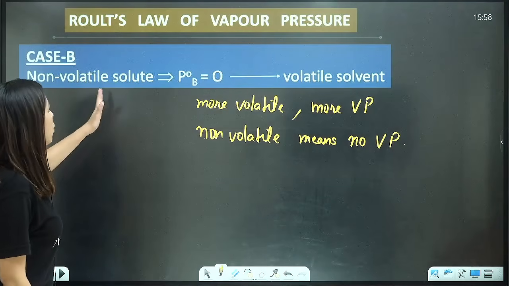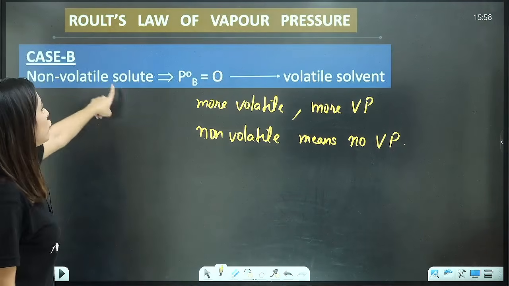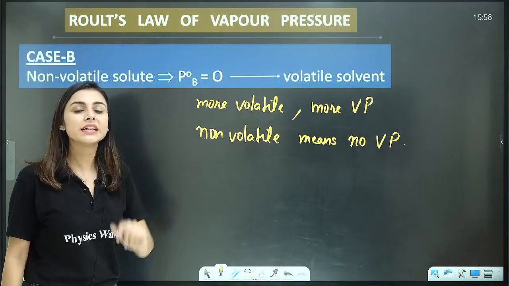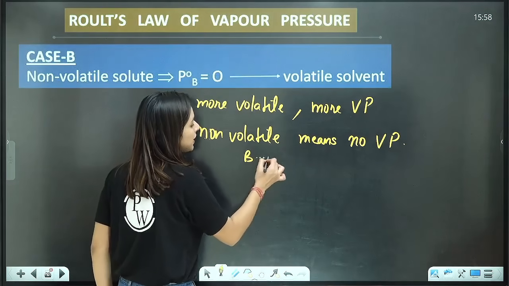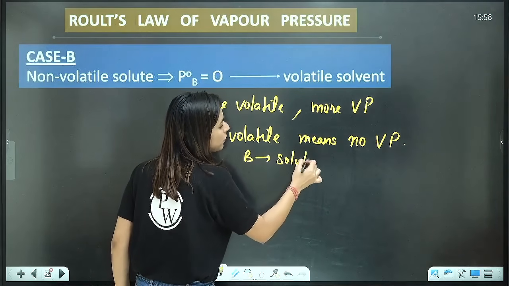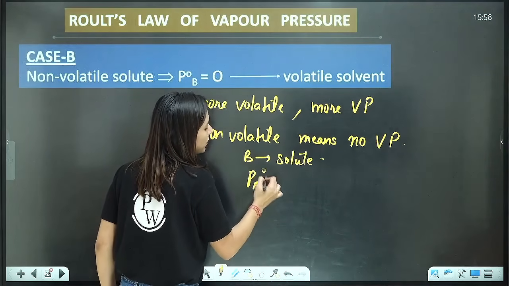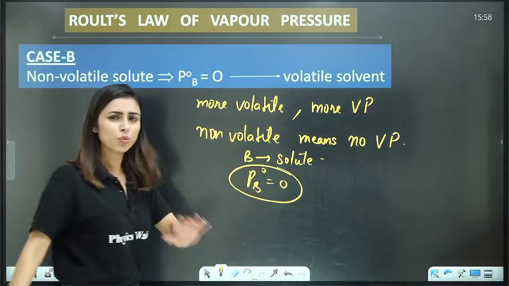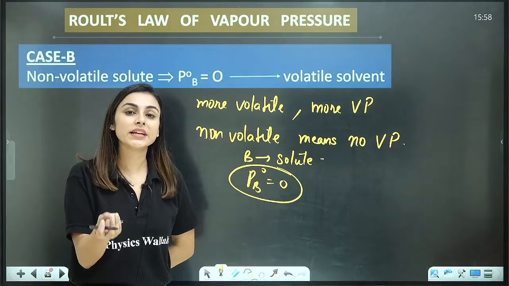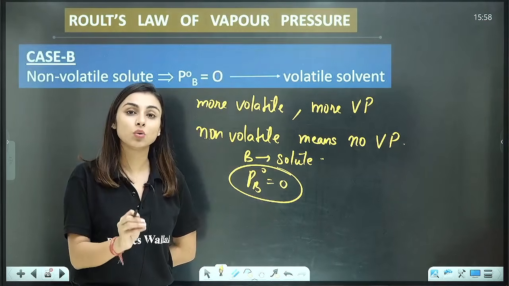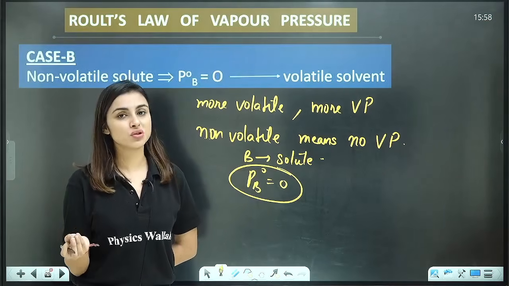Perfect. So, now here it is said that if you have a non-volatile solute and you are considering B as your solute, then we would say that PB naught will be equal to 0. I hope you understand this. Now we are going to calculate the pressures when only and only you have a solvent which is volatile.